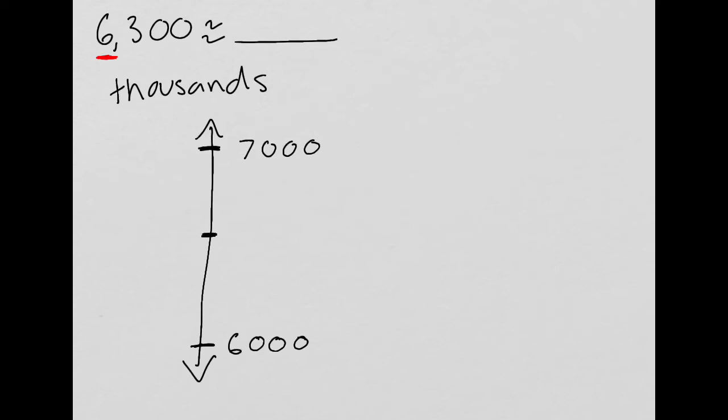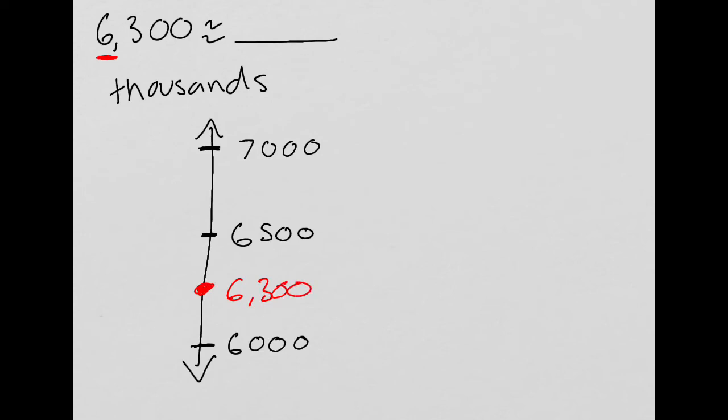To help us, we'll find our midpoint. Halfway between 6,000 and 7,000 is going to be 6,500. And then all I have to do is figure out where my number is going to fall. 6,300, is it less than 6,500 or greater than 6,500? 300 is less than 500, so it's going to go less than.